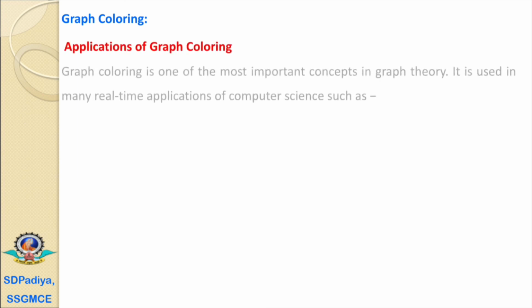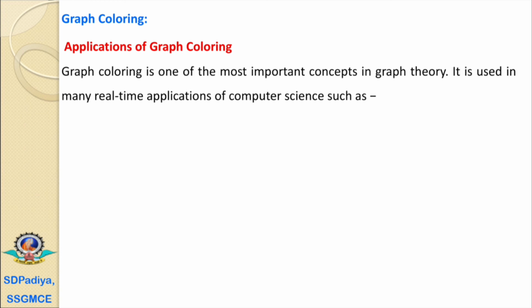Now, we'll see the applications of graph coloring. Graph coloring is generally used to differentiate the vertices, the edges, and the regions of a graph. There are lots of applications in computer science. Graph coloring is one of the most important concepts in graph theory. It is used in many real-time applications of computer science, such as clustering, where we have to differentiate things.